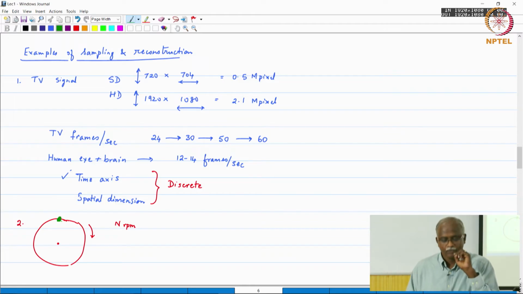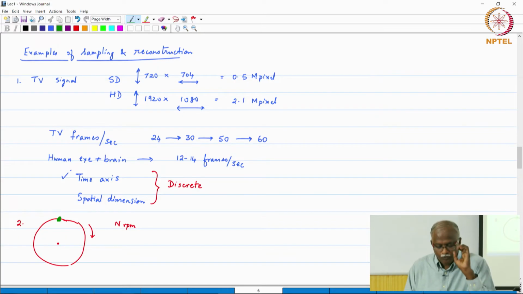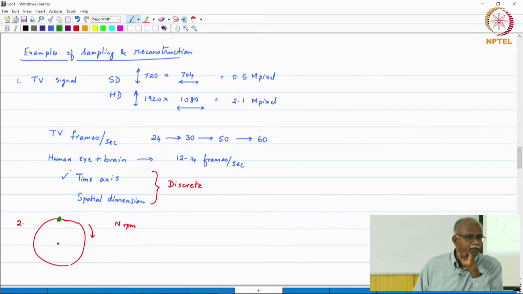Now if I view this wheel n times per minute, what does the wheel look like? It looks stationary. Why is that? Because every time you view, the point is at the same location.